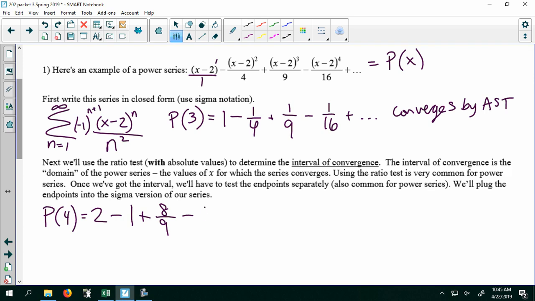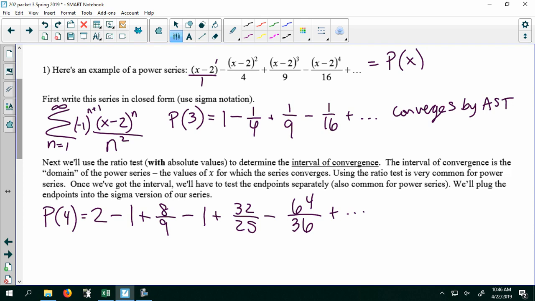Over 16 is 1. And then let's do a couple more. 2 to the 5th is 32. 32 over 25. And one more. 2 to the 6th is 64 over 36.